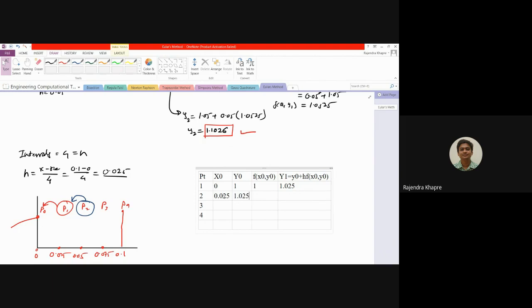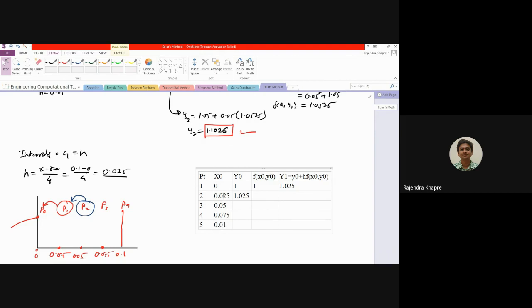Am I right? Okay, and I think we also have the fifth point, this will be 5 and this will be 0.01.